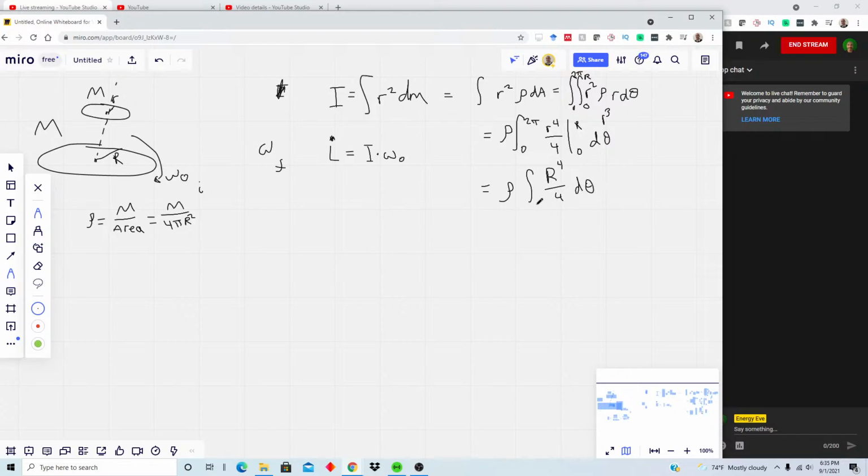Now we integrate from 0 to 2 pi of this part, and this is a constant, so we can pull it out. When we evaluate theta from 0 to 2 pi, that gives us just 2 pi.